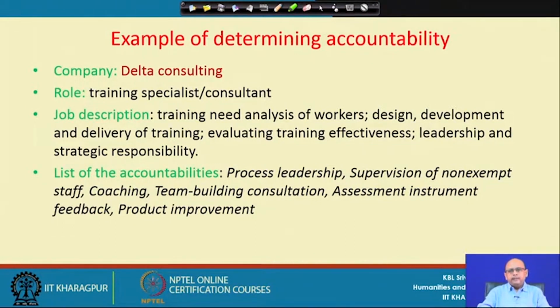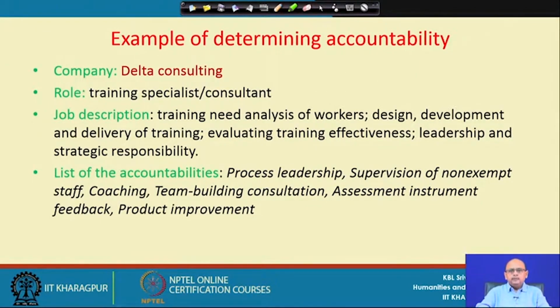Once you have been able to identify key accountability areas, what is your next job? To look at the priority, which one is more important. Is providing leadership to the team more important, okay, or is team building activity more important, or assessment of the employees in terms of ensuring better performance, or the kind of training that is being offered, because training is the product here?